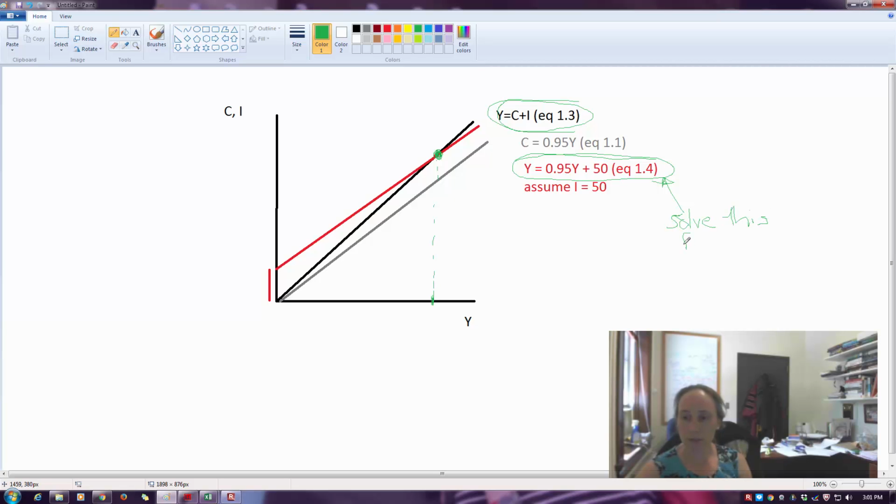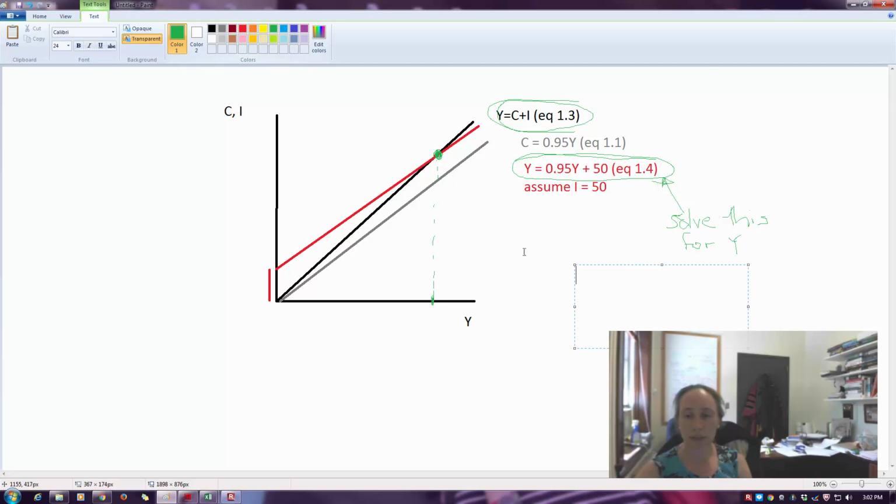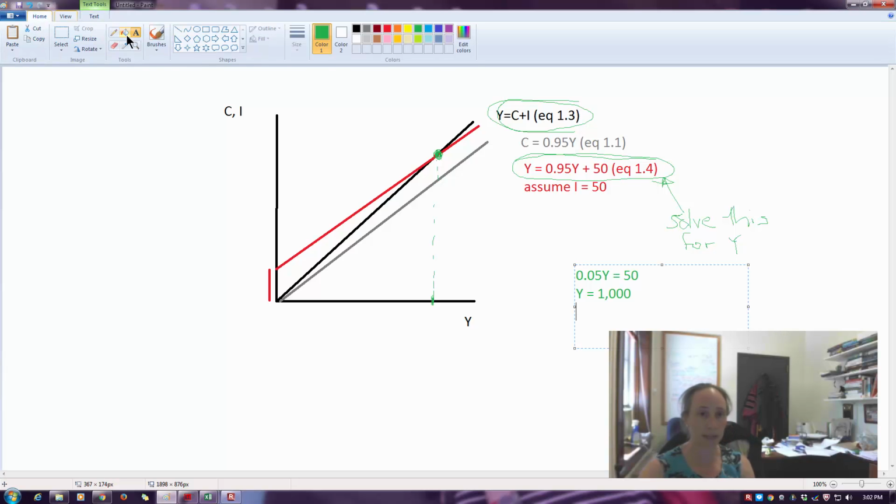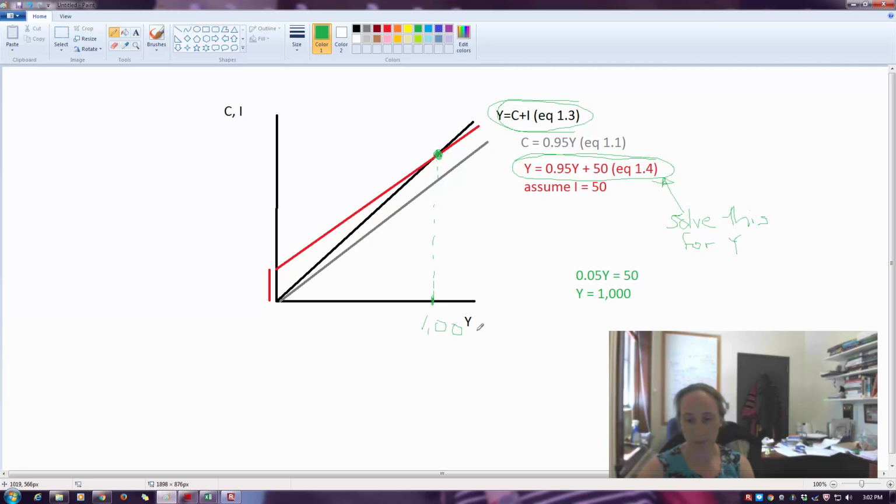If we solve this for Y, we can subtract 0.95Y from both sides, so this is equal to 50, and we get Y is equal to 1,000, which is exactly what they labeled. If you look back in your textbook, they've labeled Y as 1,000 right here. So Y is equal to 1,000. That's our starting point.